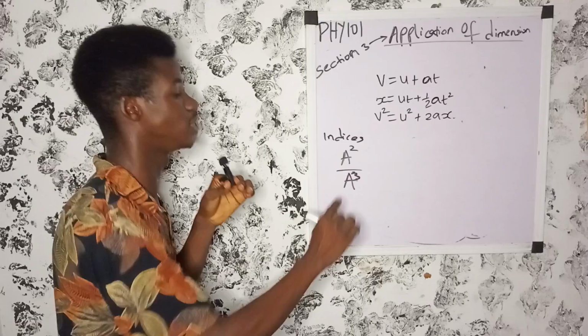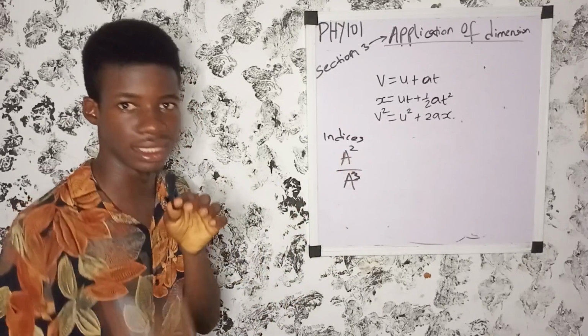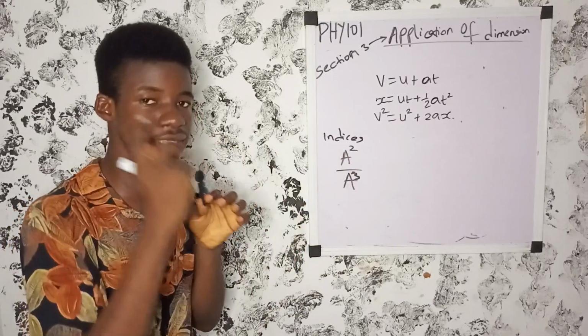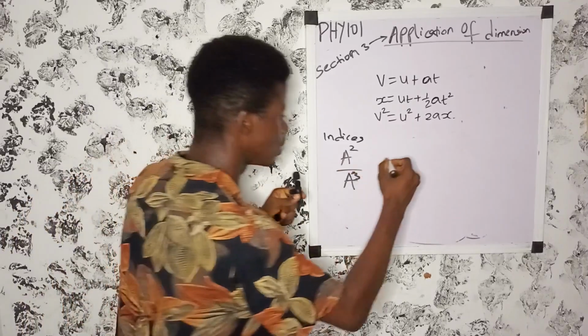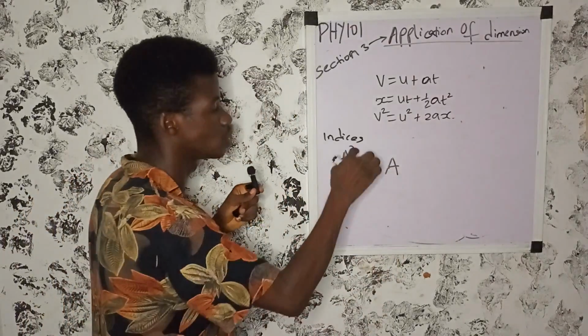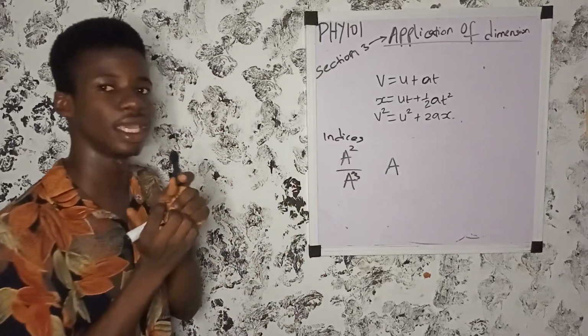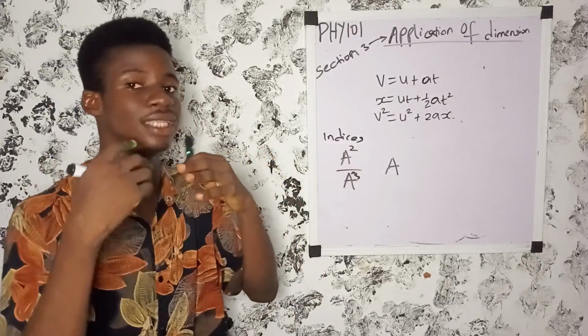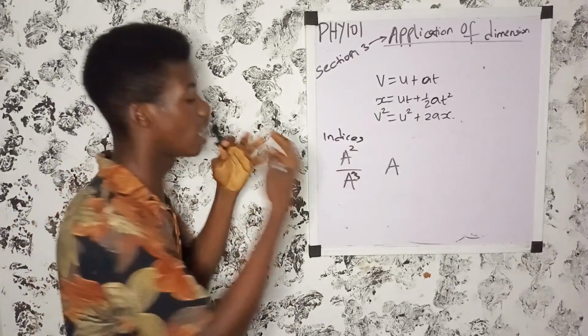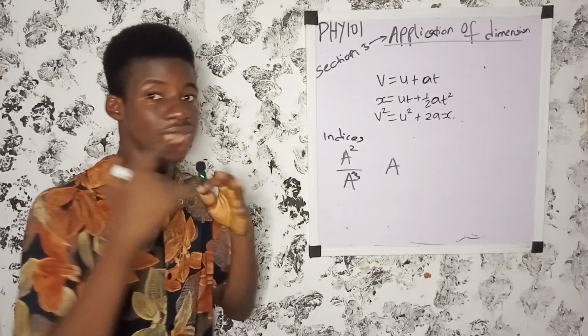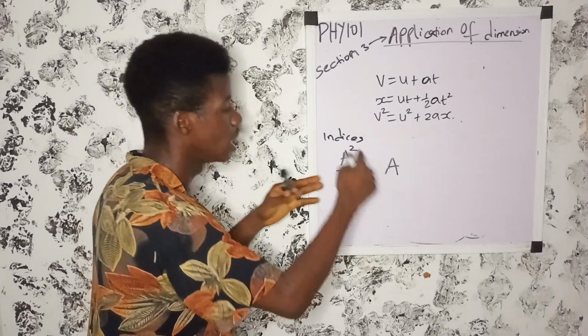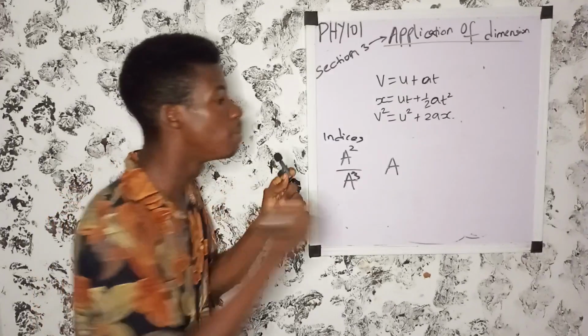Based on the fact that the two bases are the same, you take one of them and you subtract the power. That is, when two bases are dividing each other and the two bases are the same, you take one of the bases, then you subtract their powers.